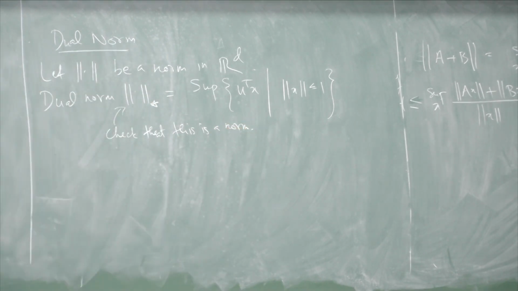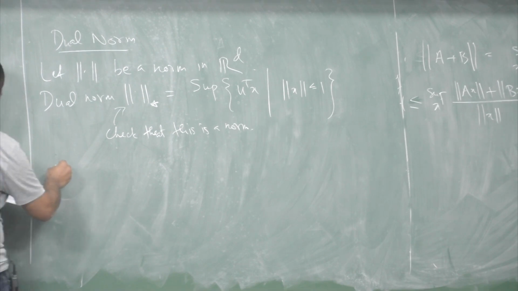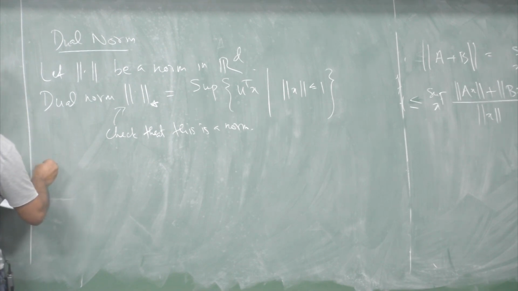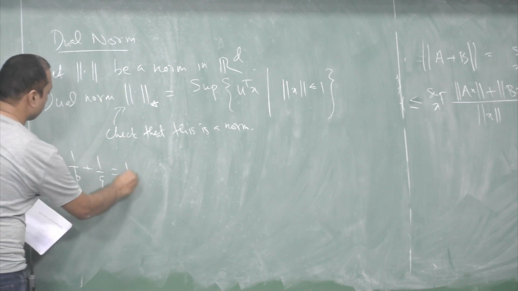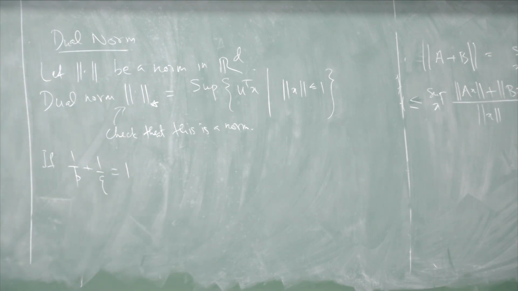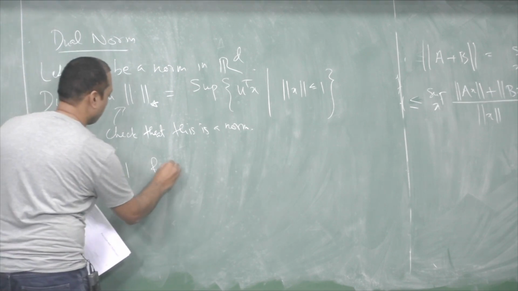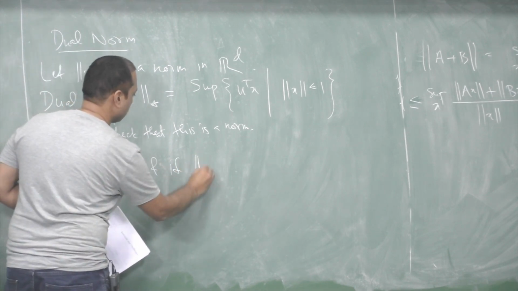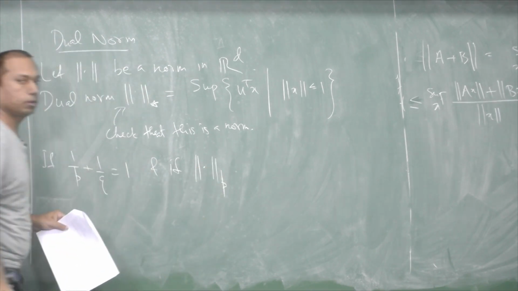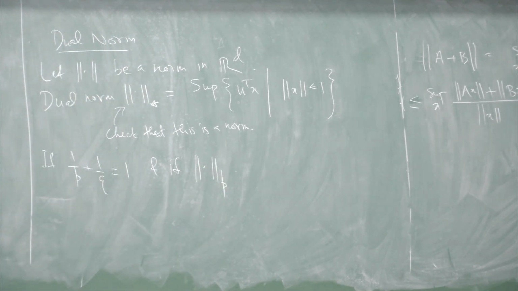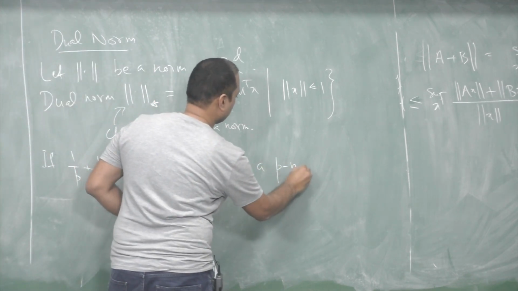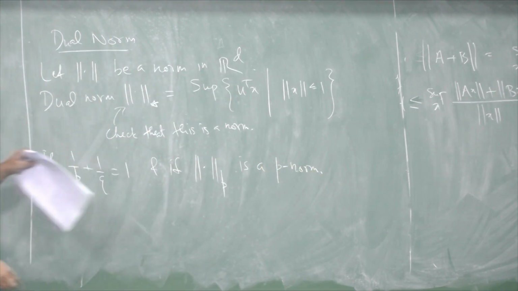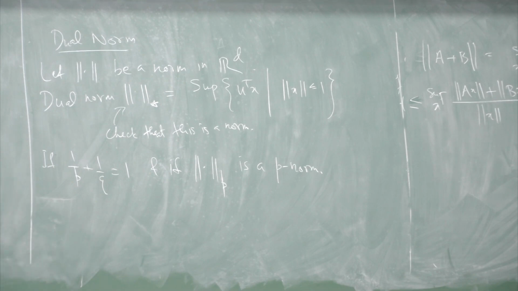In general, we have one result: if 1 by p plus 1 by q is equal to 1, and we have some p, let's say a p norm, then one question could be, what is the dual of a p norm?